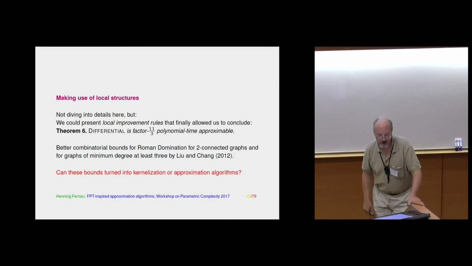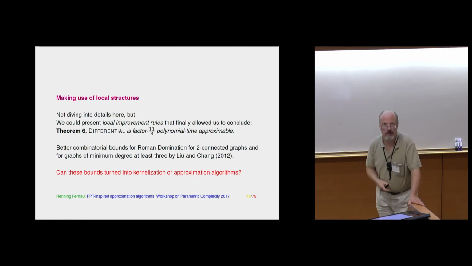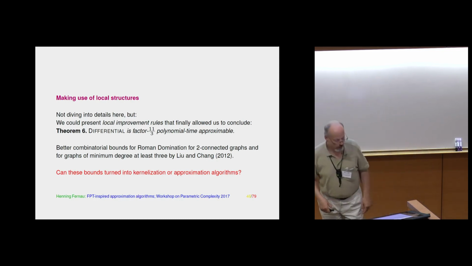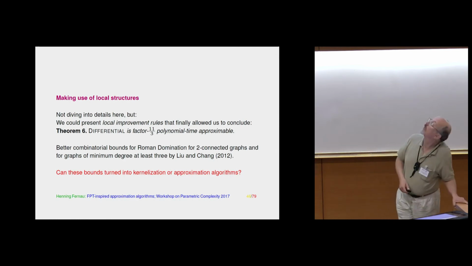And finally, this could be put together to get something like an 11/3 approximation. And here maybe one open question, if you like to put it like this. So there have been better combinatorial bounds.